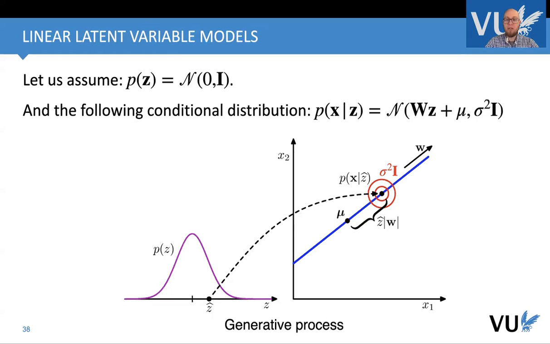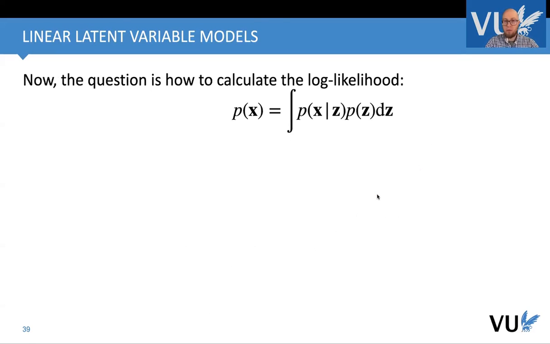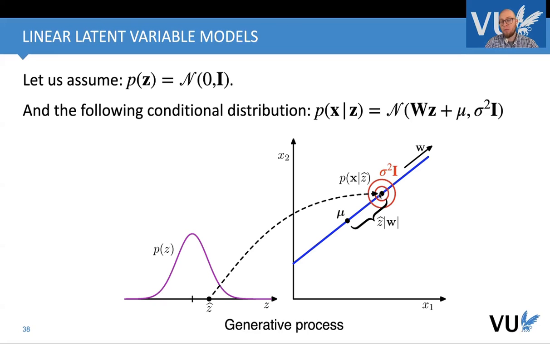So how does it look? The generative process is the following. We have, let's say, a one-dimensional problem. This is the low-dimensional space. The high-dimensional space is two-dimensional. We first generate some z, then we transform it to this high-dimensional space. We shift it, right?